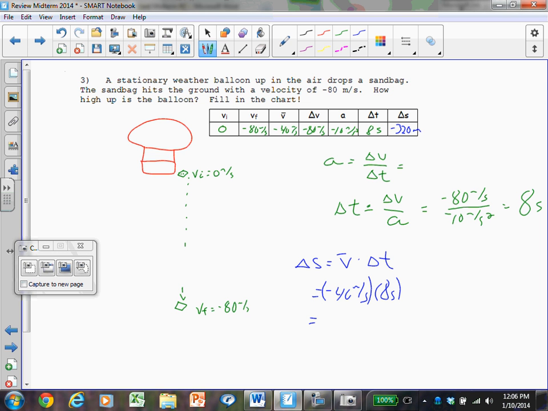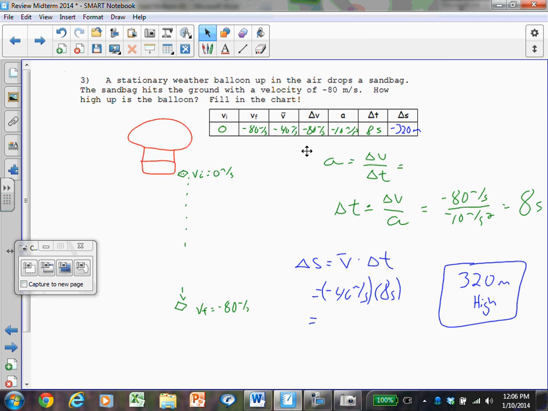So, how high is the balloon? It's 320 meters high. It comes out negative in our chart because that's what it fell. Yes. Number 2 was yes. Next question.